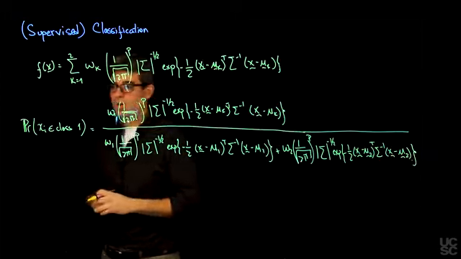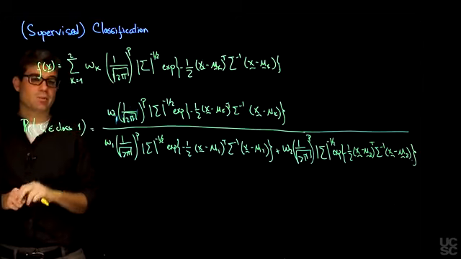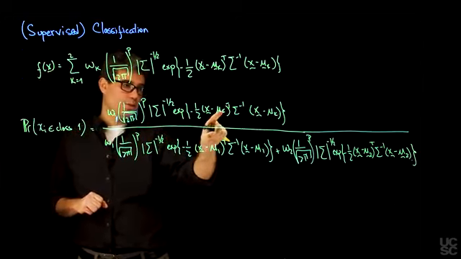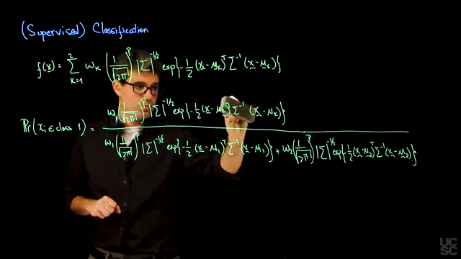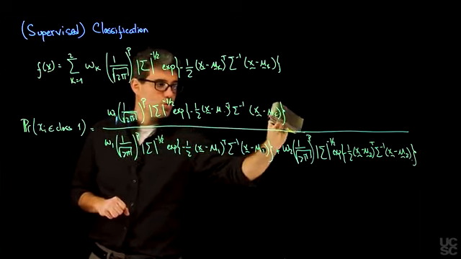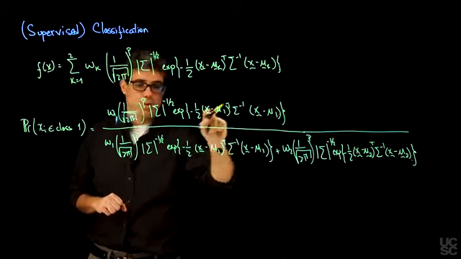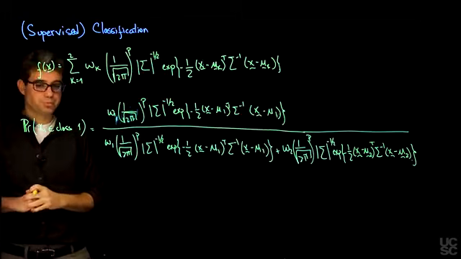Okay, and we know that the probability that xi belongs to class 2 is exactly the same expression, but replacing mu 1 with mu 2.